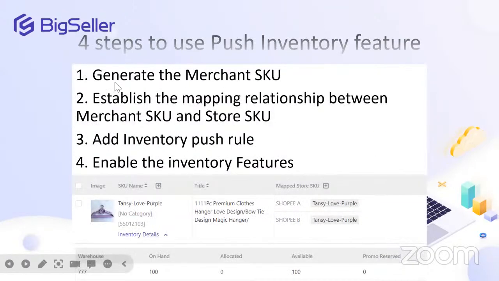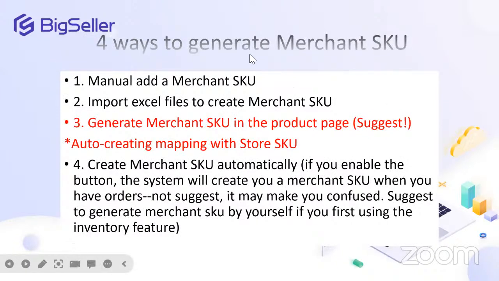Actually, for the first step, to generate the merchant SKU, we have 4 ways to generate the merchant SKU. But here I will only introduce the 3rd way. I recommend this way for you because this one is the easiest and most convenient, especially when you are using the same SKU for the same product.